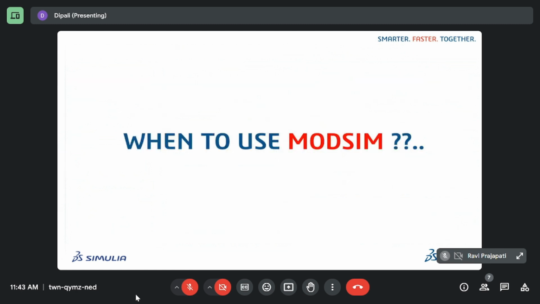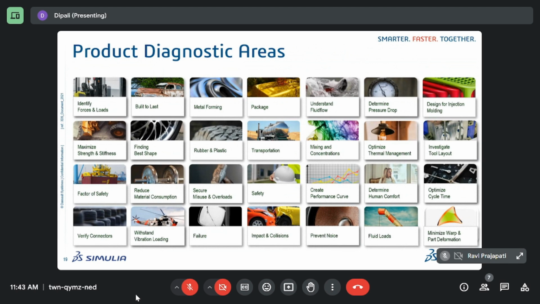So, in which scenarios can we adopt our MODSIM platform? There are various product diagnostic areas, such as identifying forces and loads, build to last, metal forming, packaging, rubber plastic, transportation, safety, impact and collision, failure, vibration, load, fluids. You just name the particular area in which you can apply the MODSIM approach.